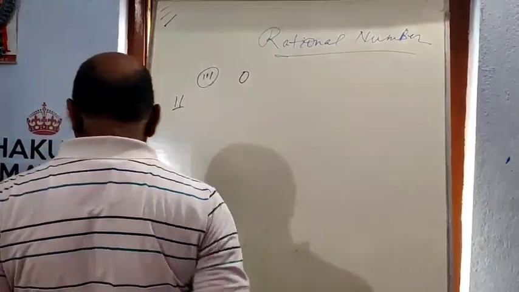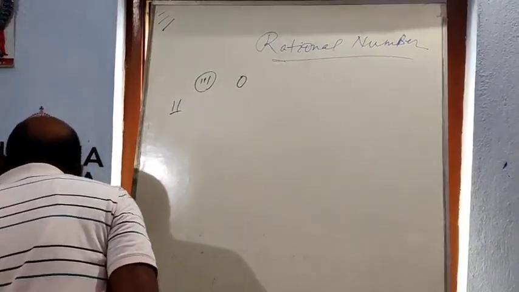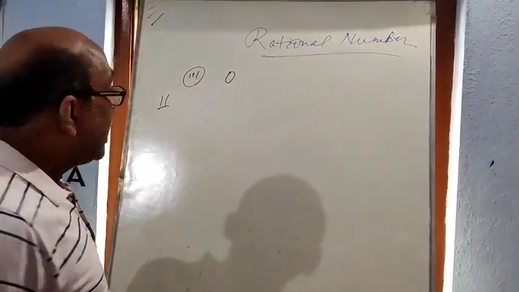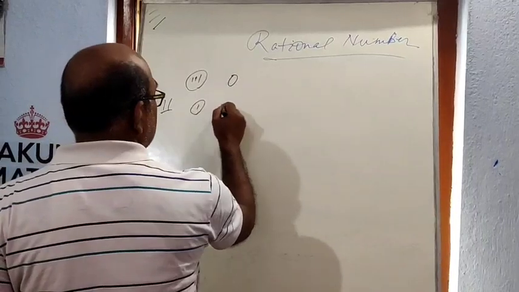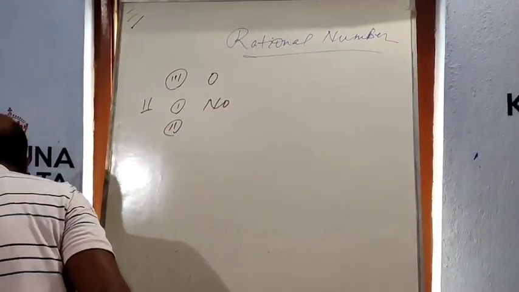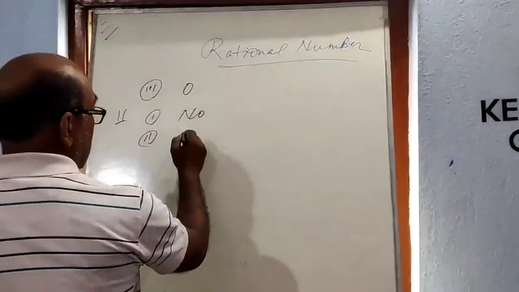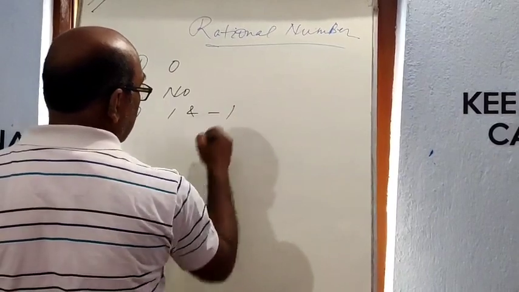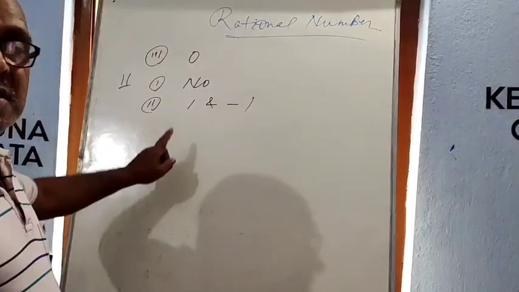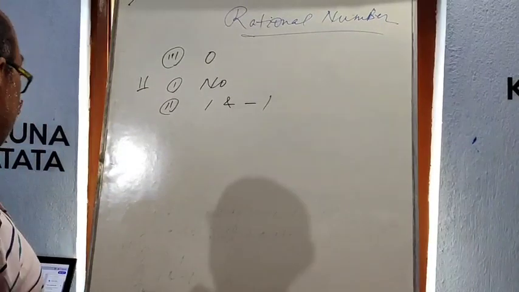In question number 11, there is fill in the blanks. 0 has no reciprocal. First is no. Second, the numbers that are their own reciprocal are 1 and minus 1. The reciprocal of 1 is 1 and the reciprocal of minus 1 is also minus 1. Therefore, this is the answer.